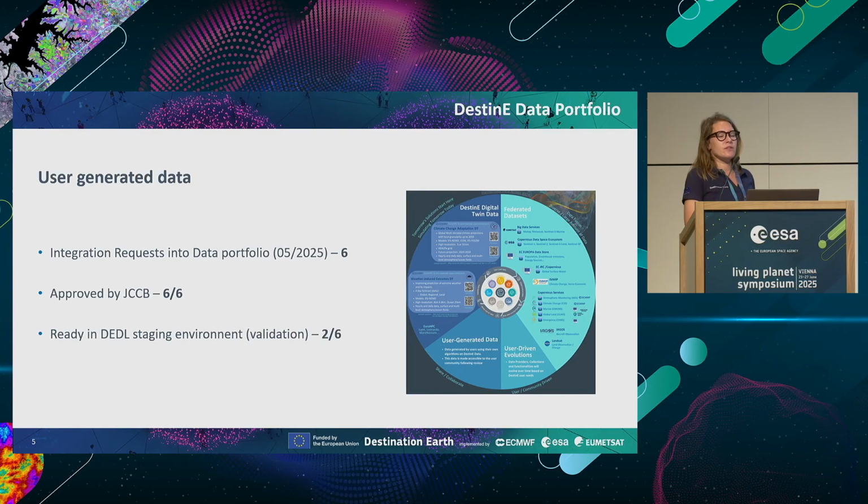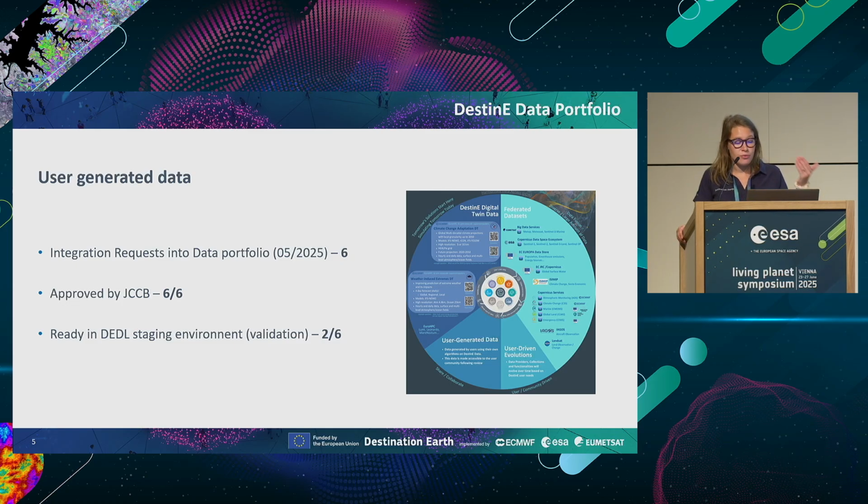Regarding the user-generated data, as I said, users can upload their data in DestinE following some quality gates control, of course. Today, we have received 6 requests for adding them. So we have a board with all interested entities, validated also by the Commission. We evaluate the relevance of the data.